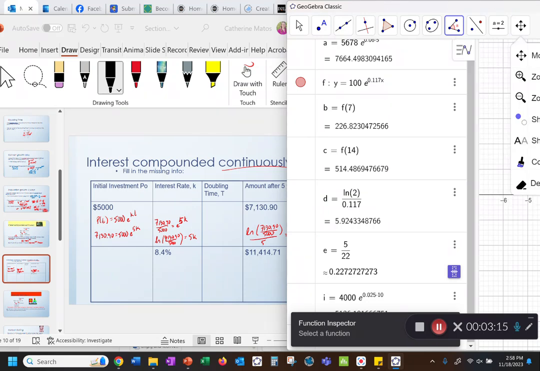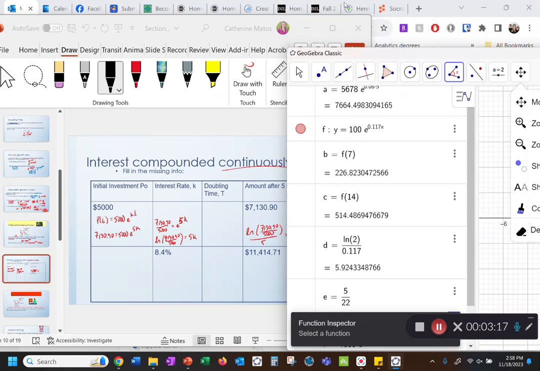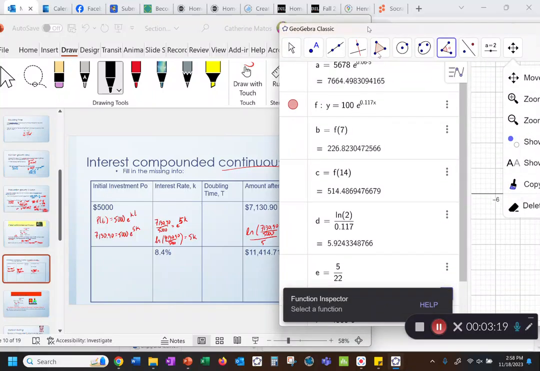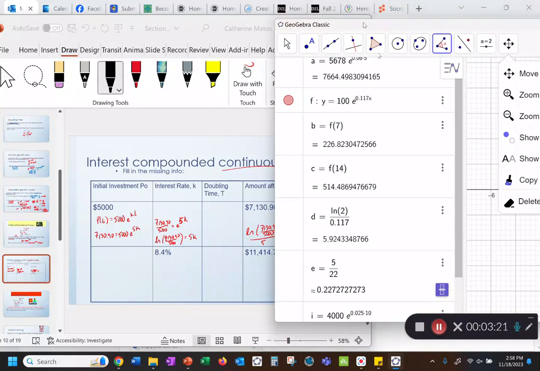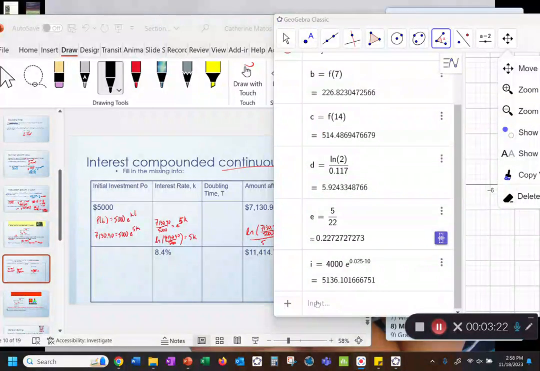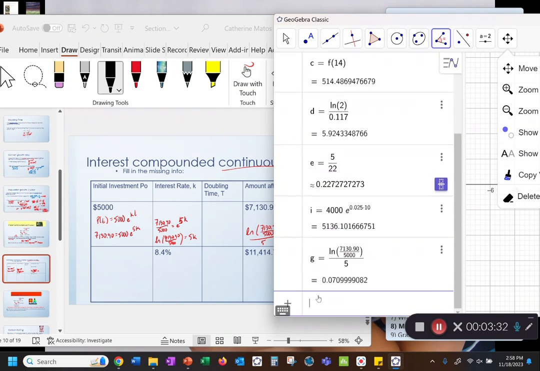Okay, so we've got the natural log, 7130.90 over 5,000, and then we're going to divide that by 5. That is going to give us our k, 0.0709999. So we'll call that 0.071.